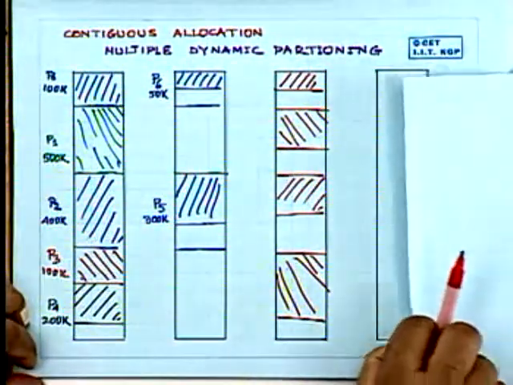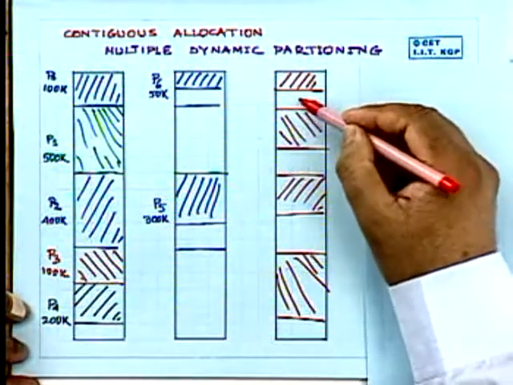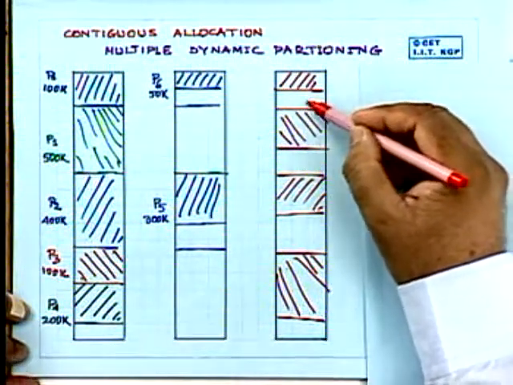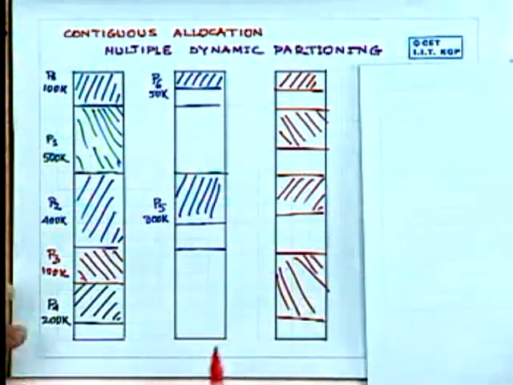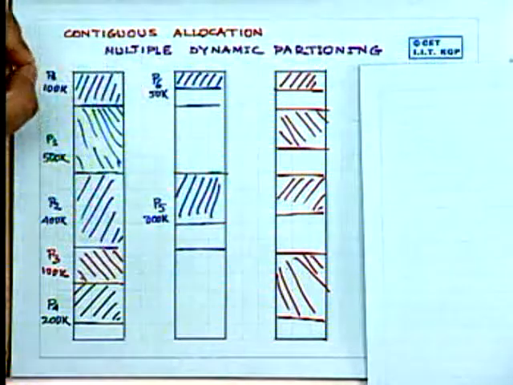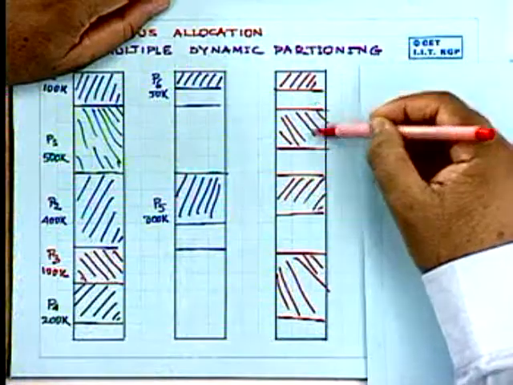Now a new process has come which is bigger than any of the holes in the memory. If we could combine some of the holes together, the program could fit in. In that case, though we have sufficient free memory space for the program to be executed, since it is all distributed, we won't be able to run that program, right? Therefore, what can be done about it?